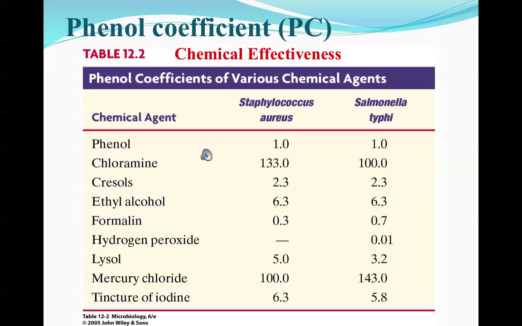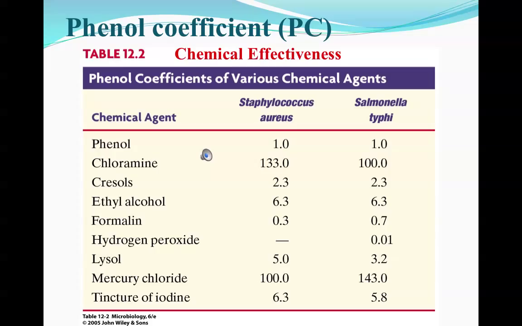So the phenol coefficient isn't a 100% accurate reflection of how hazardous a chemical can be. It just simply tells us in terms of being a disinfectant how effective a chemical can be. And chloramines and mercury chlorides are very effective. They're also very toxic, so we have to be very careful where we're using them.